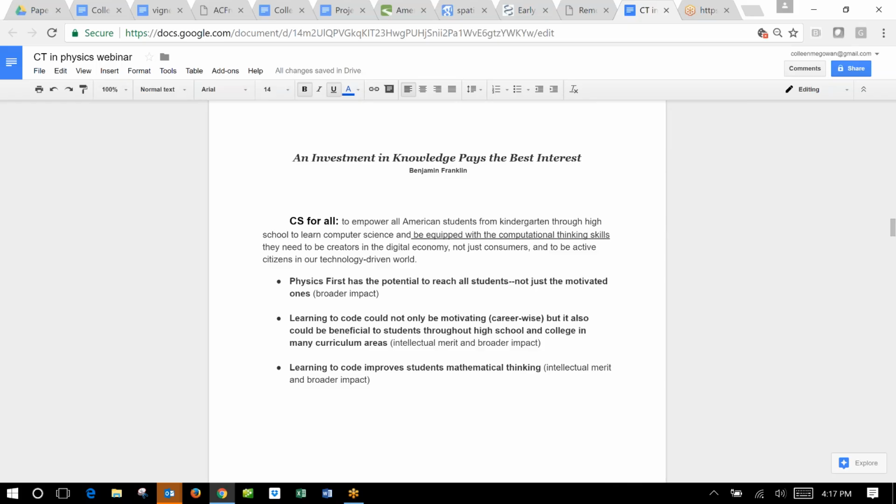Learning to code for students seems to be not only motivating, but also could be beneficial to them in other classes. And finally, learning to code, we see that it improves their mathematical thinking. And there's research to back that up. There's just not research down at the 9th grade level.